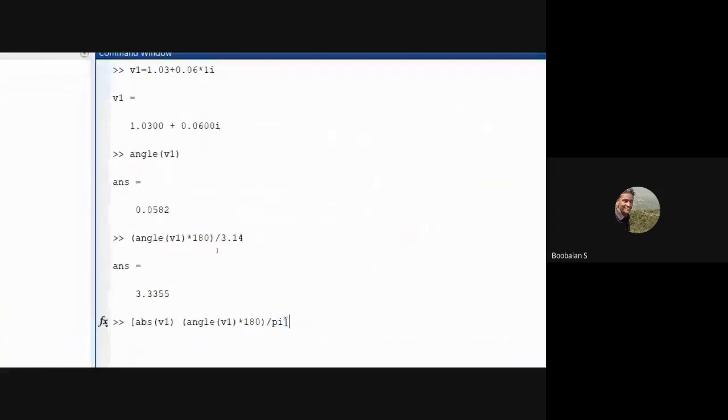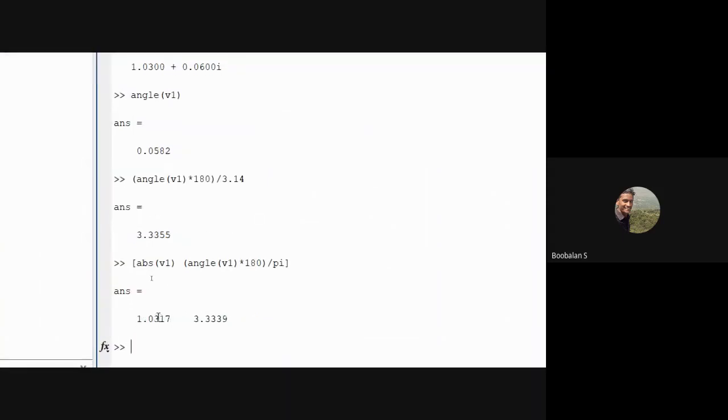I'm going to print it in a single sentence. Now the answer is printed: 1.03 magnitude voltage at an angle of 3.33 degrees.